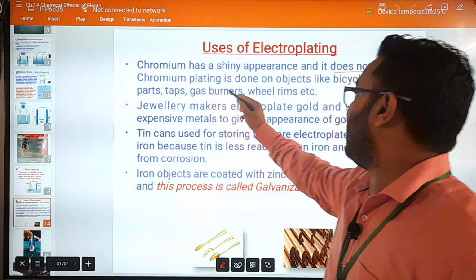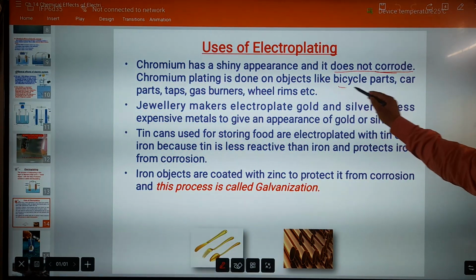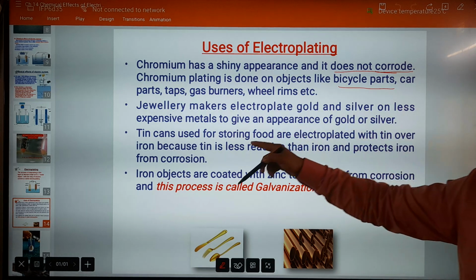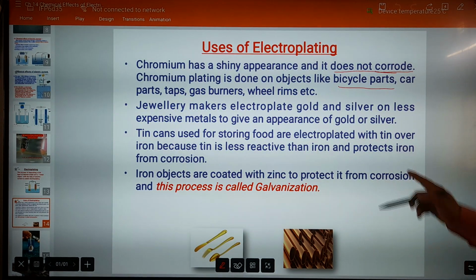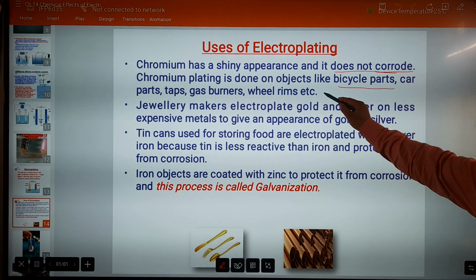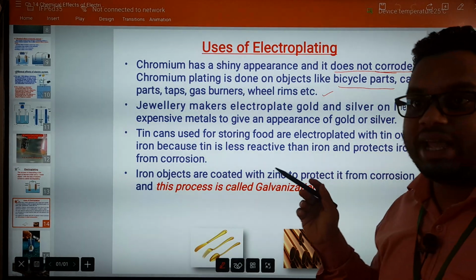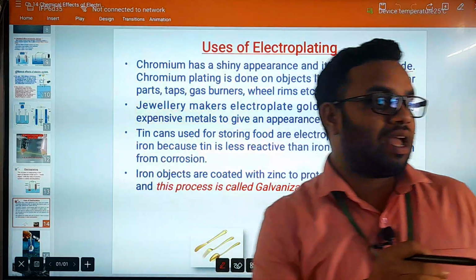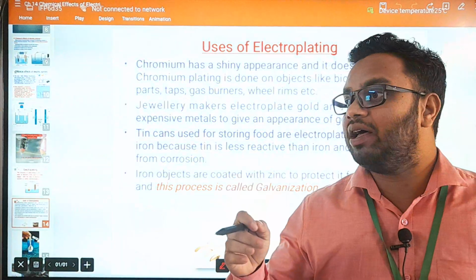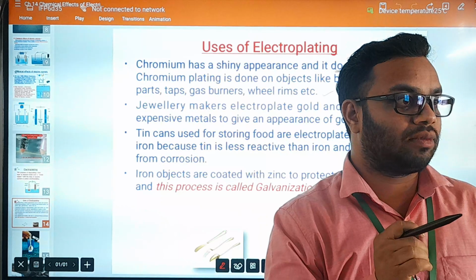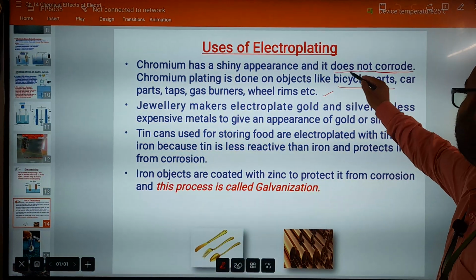So chromium plating is done on objects like bicycle parts, car parts, taps, gas burners, wheel rims, etc. Why is it done? It will improve the appearance, the articles will look good, and it also prevents corrosion.